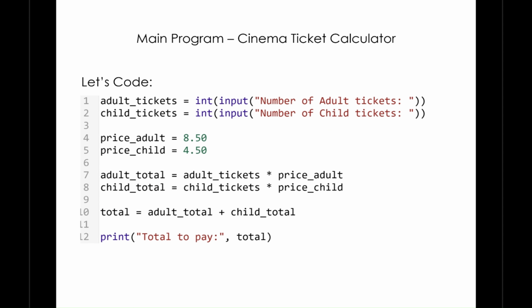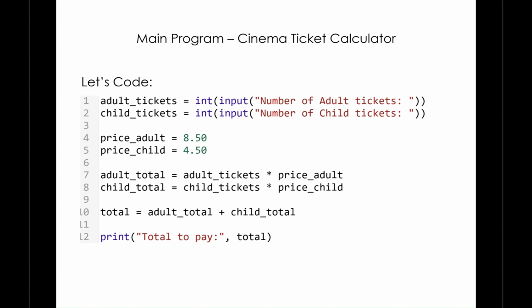Okay, let's have a look at the main program. The main program is a little more complex. We've got 2 integer values as number of tickets for adults and children. We have the prices of the adult ticket, which is £8.50, and the price of the child ticket, which is £4.50. On line number 7, the adult total is calculated by taking the number of adult tickets and multiplying them by the price of the adult ticket.